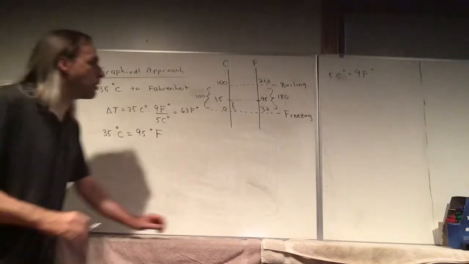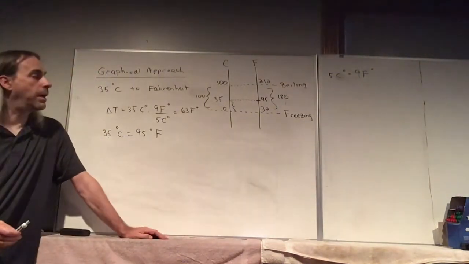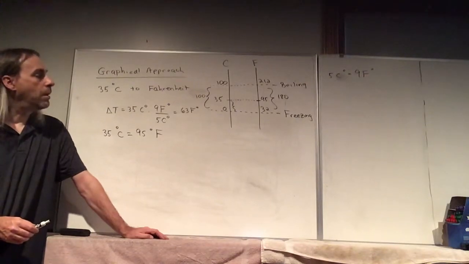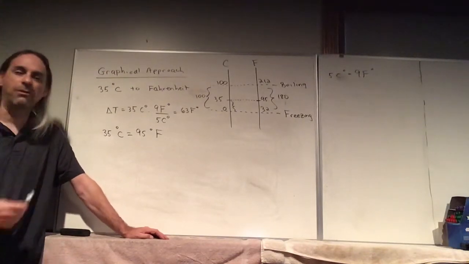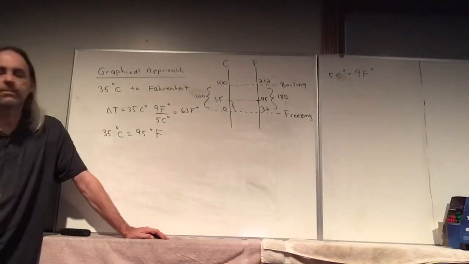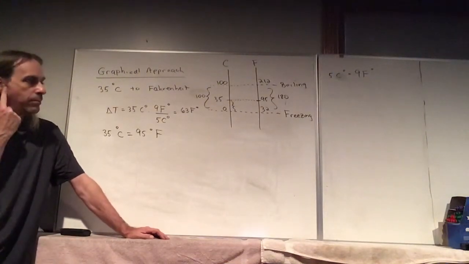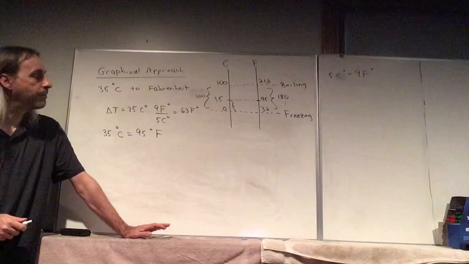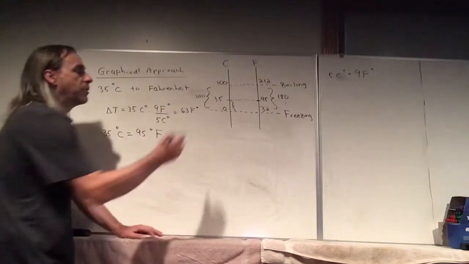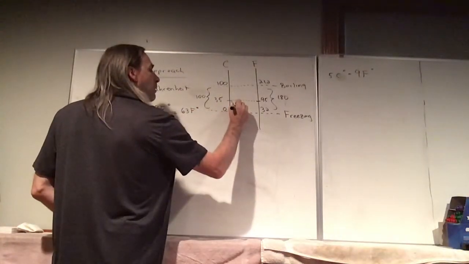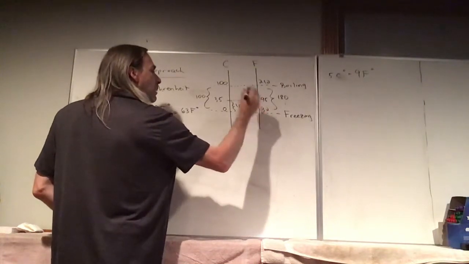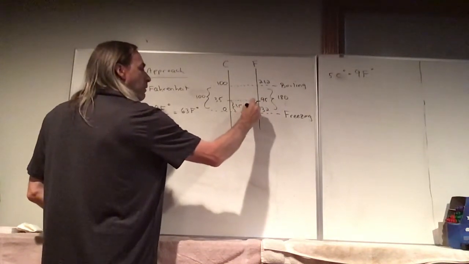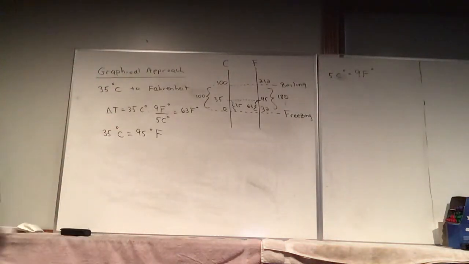So this is a graphical way of doing things. You can draw a picture, and I kind of like this approach because if you get some kind of nonsense number, it'll usually be obvious. I'll finish this picture. We got a 35 here, and that was 63. So the same change on one scale is 35 degrees, on the other it's 63. And then we can use that to find our final temperature.